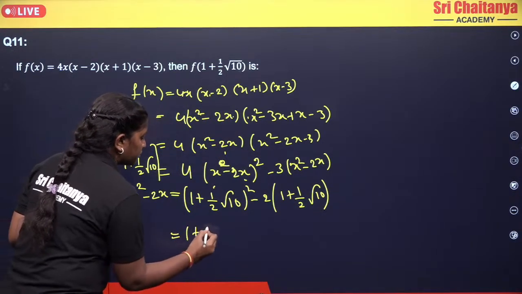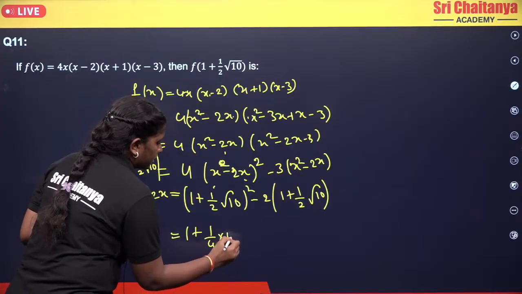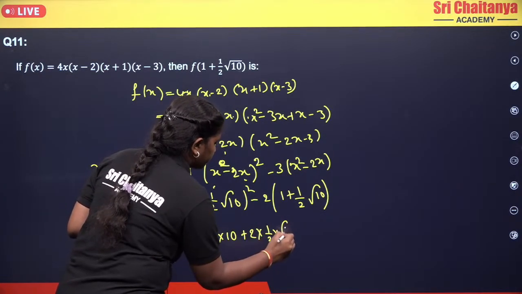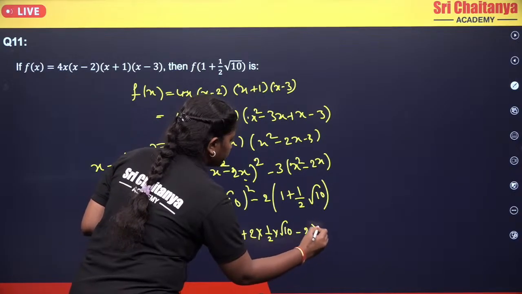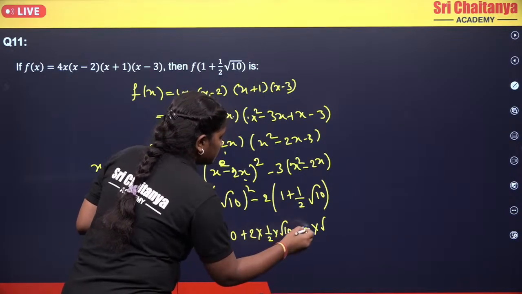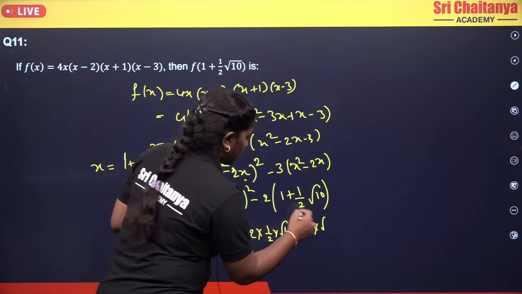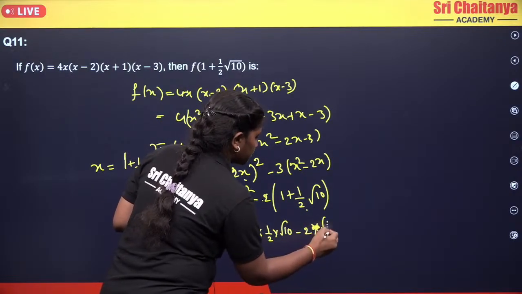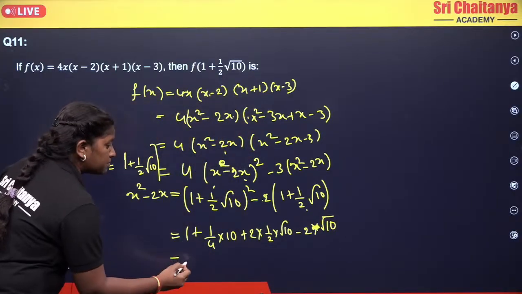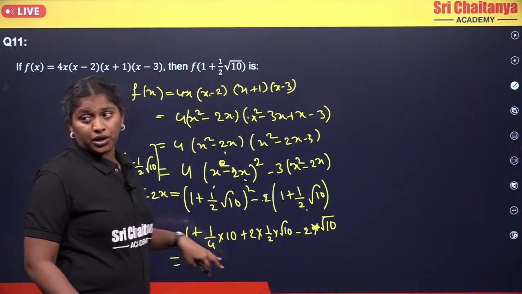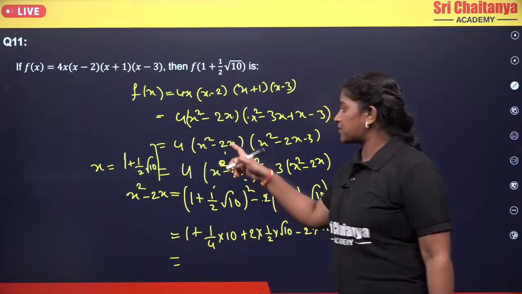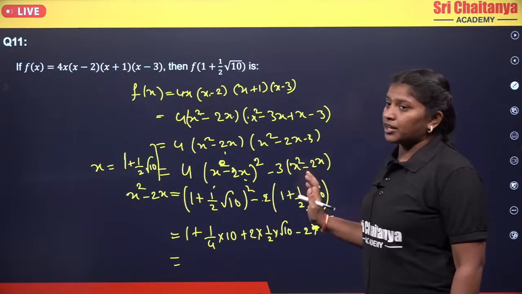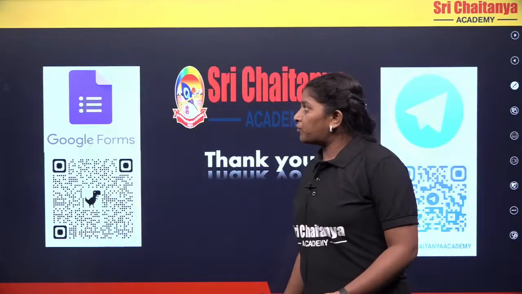So now it will be 1 by 4 into 10 plus 2 into 1 by 2 into root 10 minus 2 into 1 will be over 2, and minus into minus, minus 2 and 2 will get cancelled. So here we will get minus root 10. If you simplify it further, you will get your x square minus 2x. So just place that value here and you will get your required value. Fine. Now moving to the next.